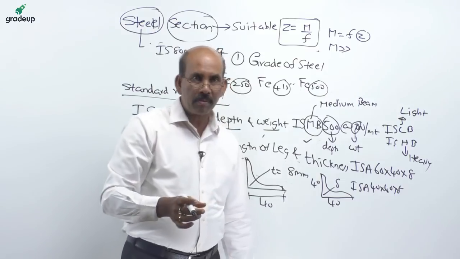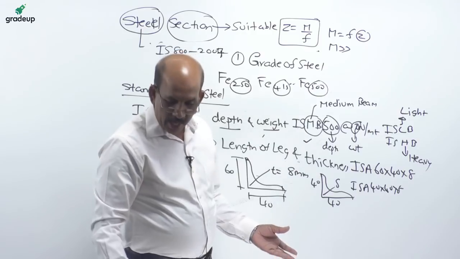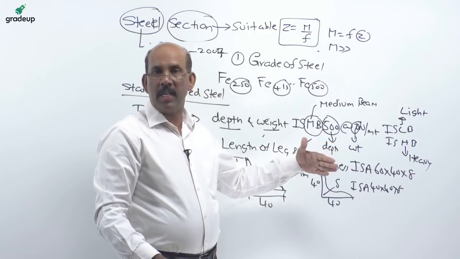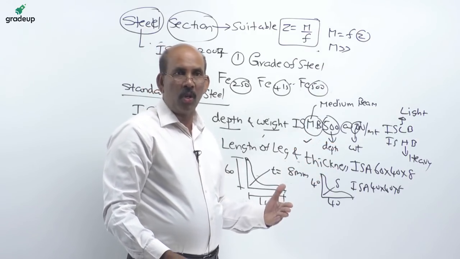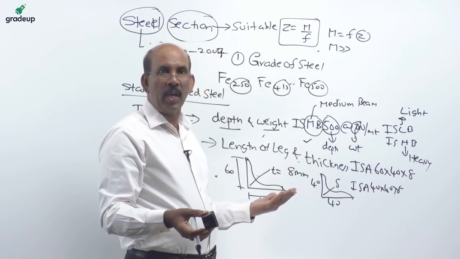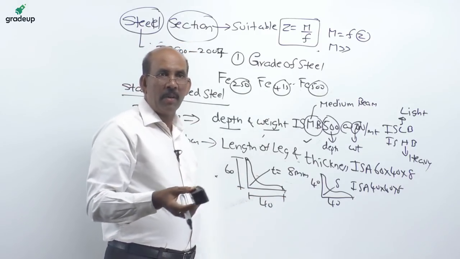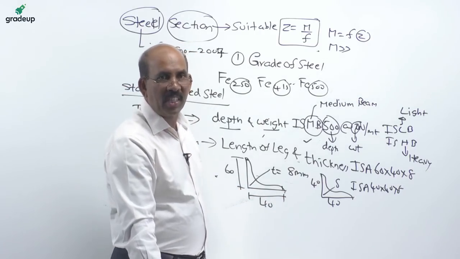Coming to this particular concept: what is the effect of maximum shear having low area in the middle of an I section? It's a very good question, Mr. Mohan Kumar, about the effect of shear.